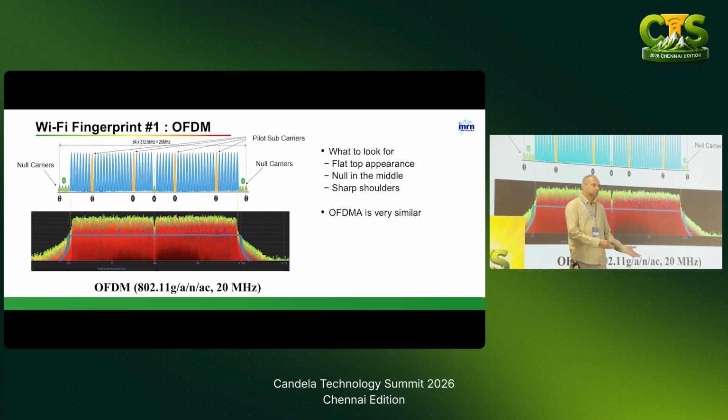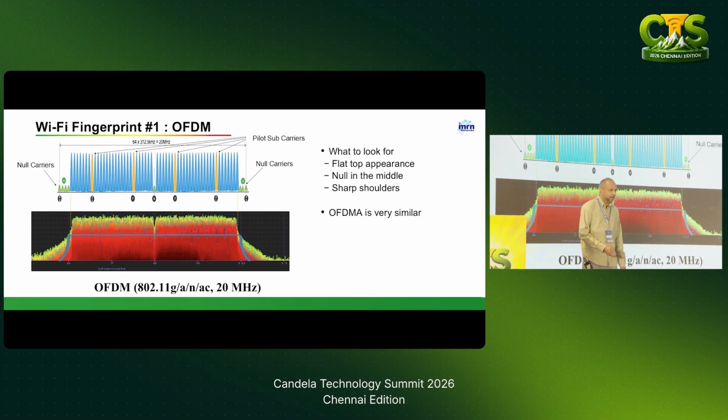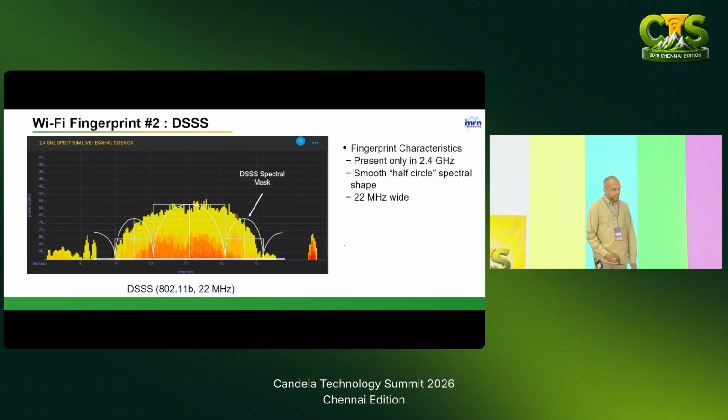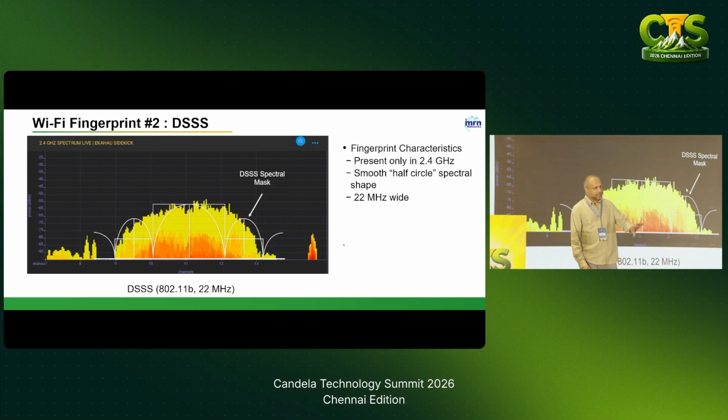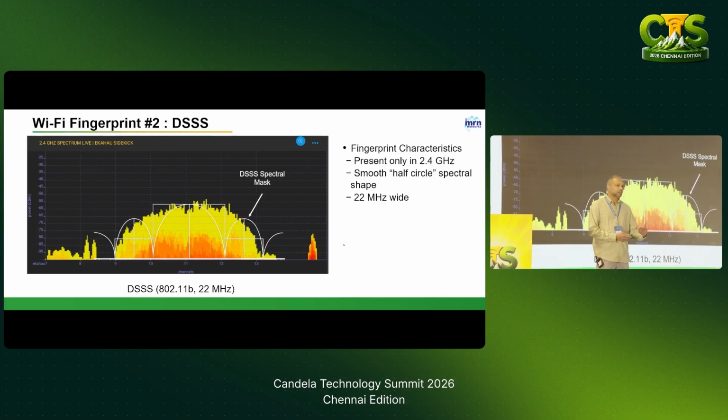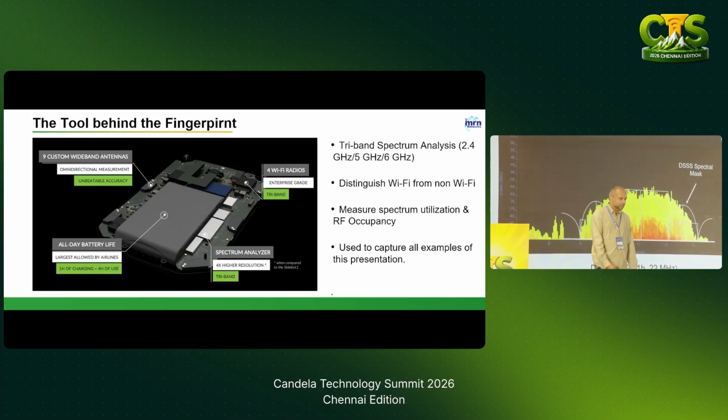But if you're using legacy technologies like DSSS in the 2.4 band, you will see a half-circle kind of shape. That's an indication of legacy Wi-Fi, especially in the 2.4 spectrum. If you know these two things, when you look at a spectrum, you can tell whether it is Wi-Fi or something else.